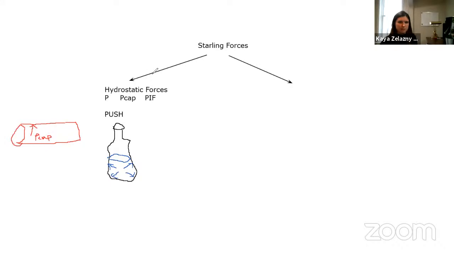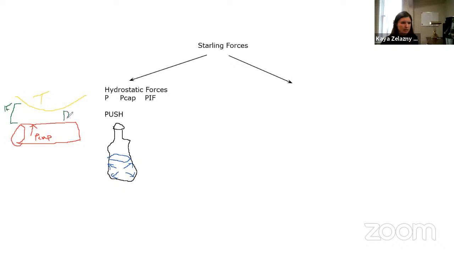And our PIF, our pressure of the interstitial fluid. Here in yellow, we got our tissue. Just gonna write a T there because it's hard to write with a mouse, but our interstitial space, right? The space between the tissue and the blood here is filled with interstitial fluid overall. That's what we're talking about. And so it also has a pressure.